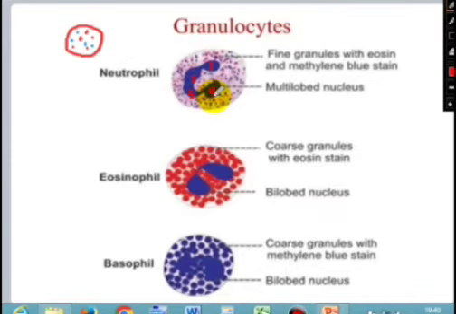Okay. So that's for neutrophils. Because you are going to see other types of cells in the blood that you have collected from your patients in the lab. But the onus is on you to be able to differentiate the types of blood cells.